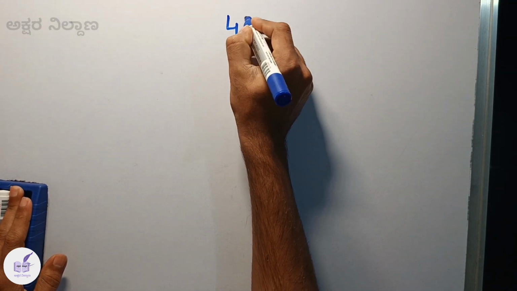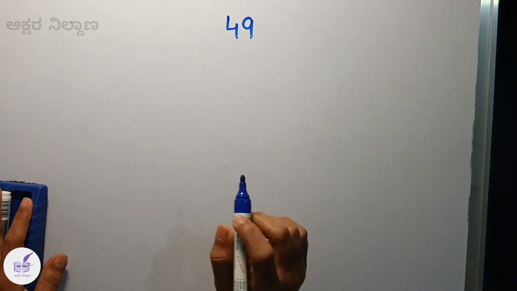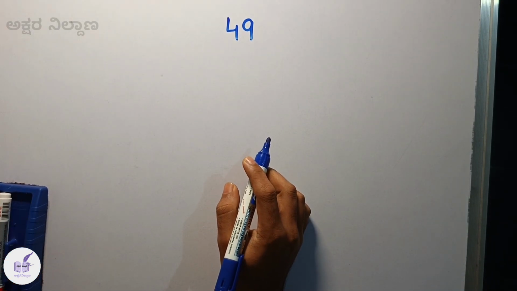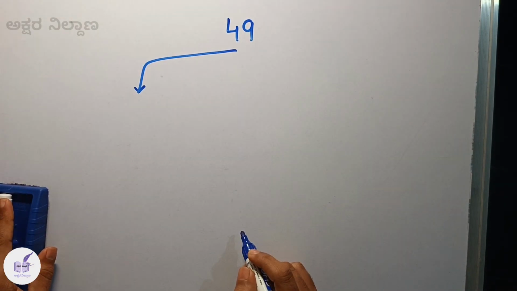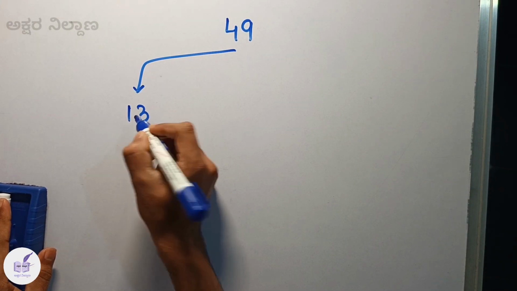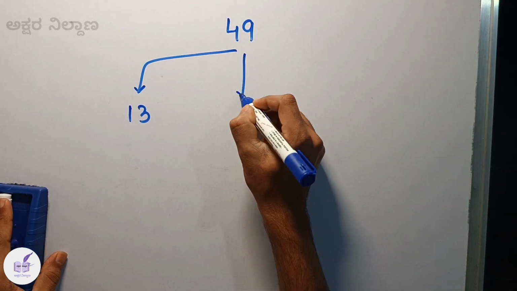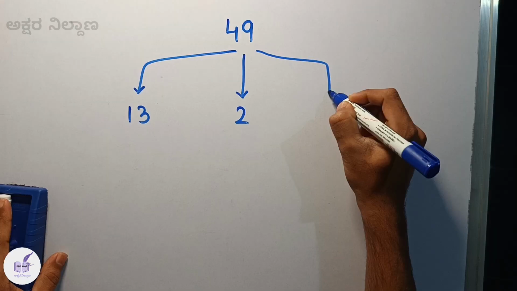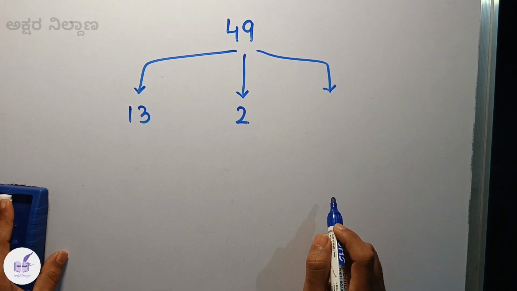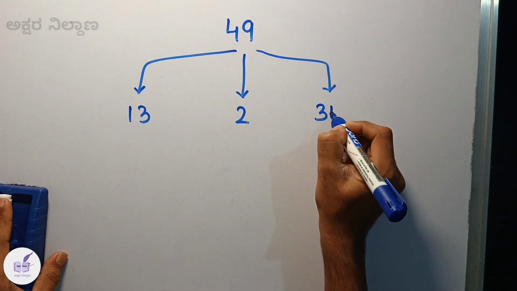In these 49 letters we're going to divide them into three groups. The first group contains 13 letters. The next group contains 2 letters. The third group contains 34 letters.